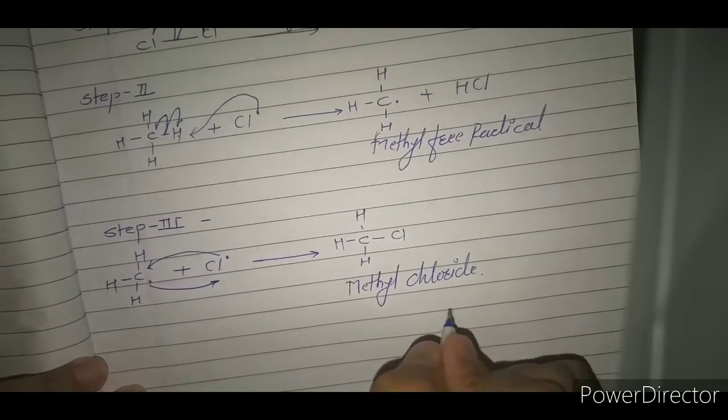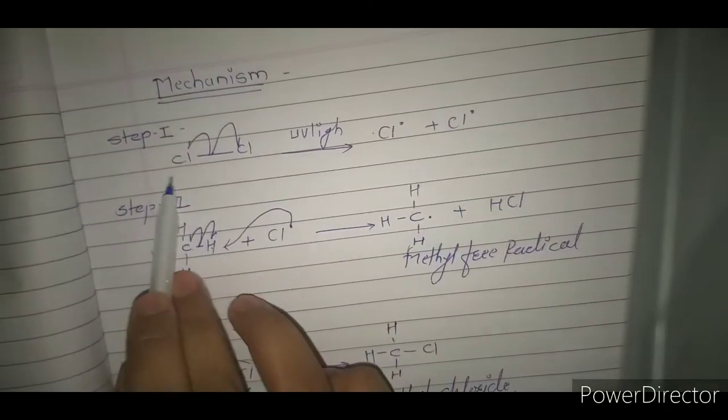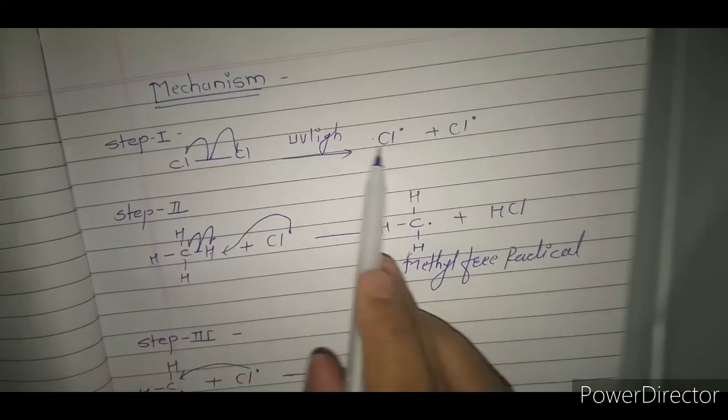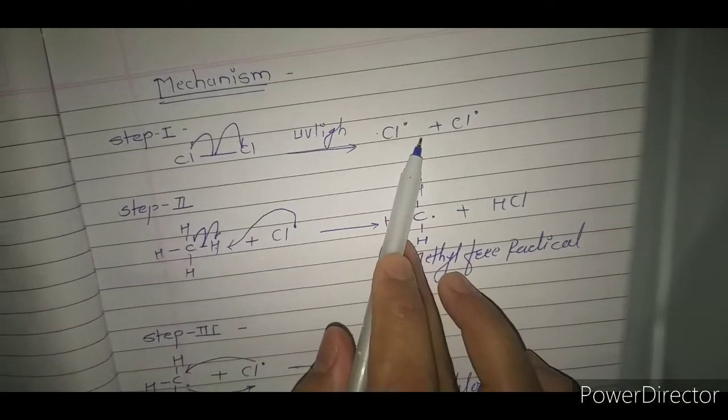Okay, so this is overall halogenation reaction. So what happened in first step? In first step, the homolytic fission of halide molecule forms halide free radical or chlorine free radical.